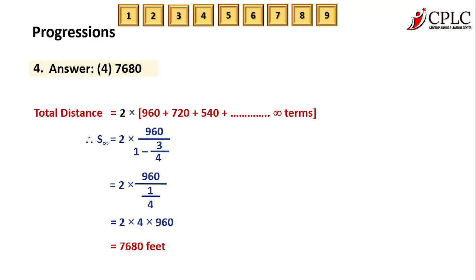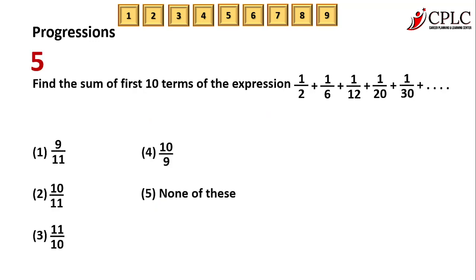Let's talk about the other one, that is question number 5. For example, you have to find the sum of the first 10 terms of the following series that they have given us. And how do we do that?